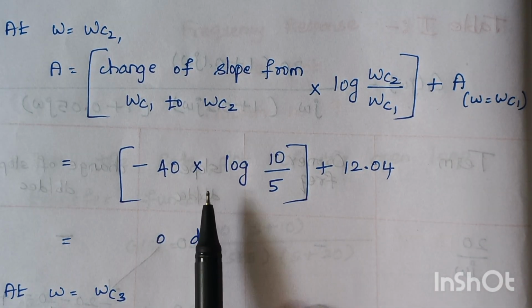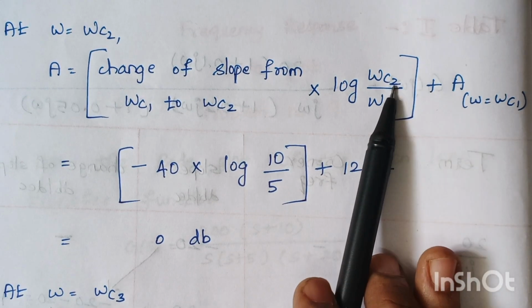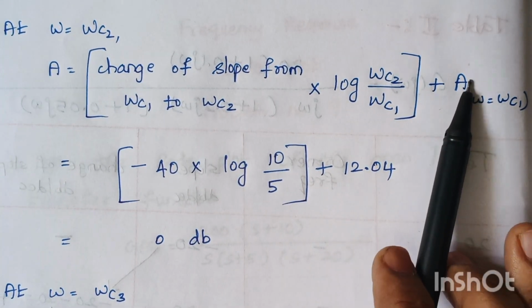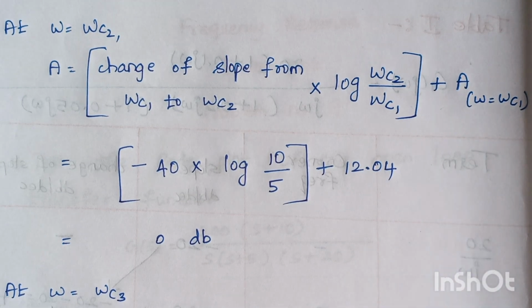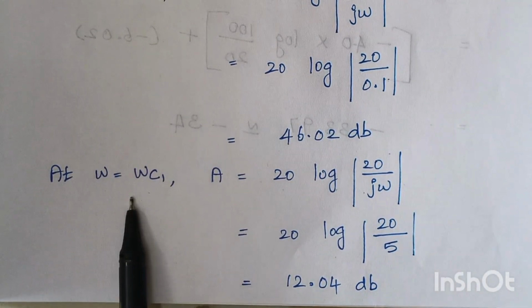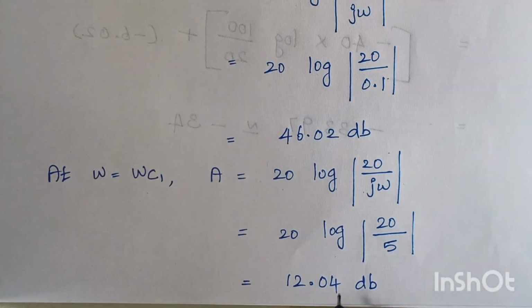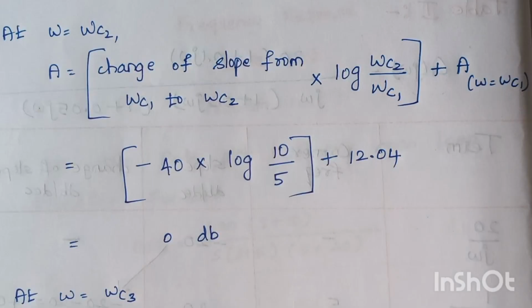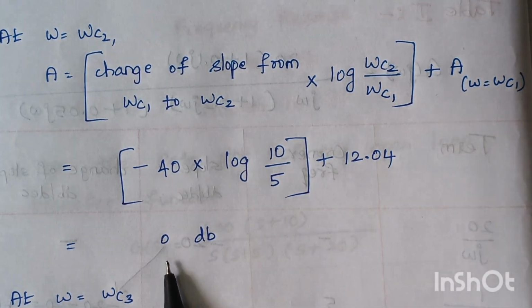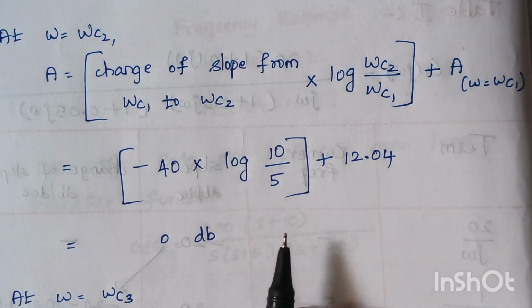Minus 40 into log of omega C2 which is 10 and omega C1 which is 5, plus the value of A when omega equal to omega C1. We have to look back again. At omega equal to omega C1, what is the value of A? It is 12.04. So just substitute the values here and finally the answer is found to be 0 dB, right?